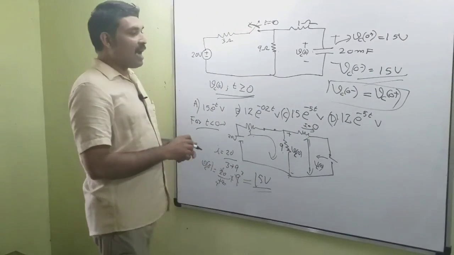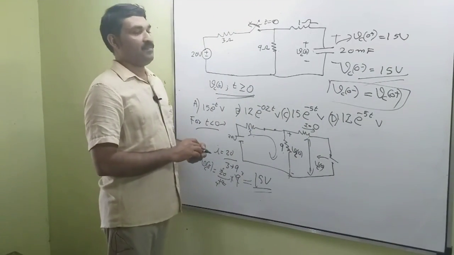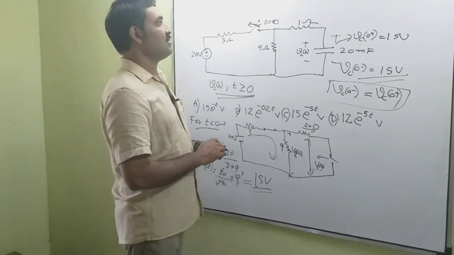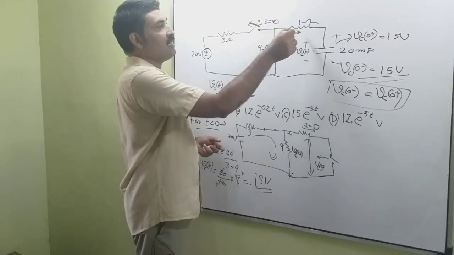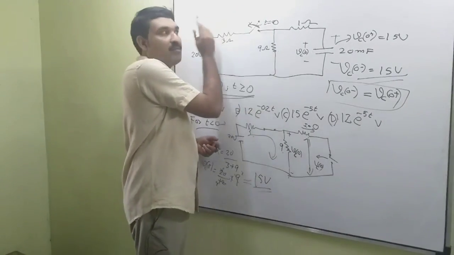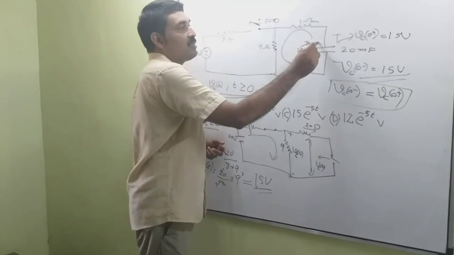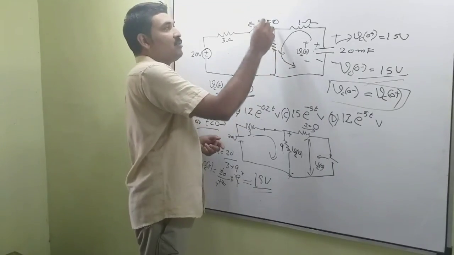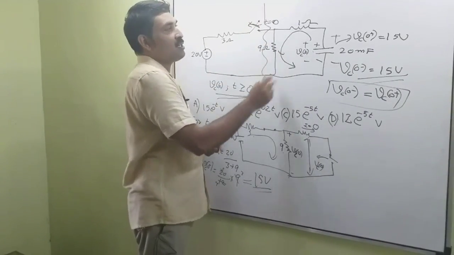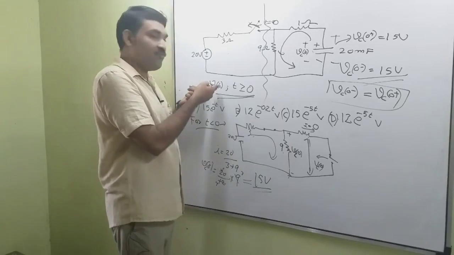Now at t equal to 0 plus, we can draw the circuit as this is our circuit at t equal to 0 plus. So this portion is removed. So the capacitor will discharge like this. This is plus minus, capacitor will discharge. So we have only this portion of the circuit and we want to find VC(t).